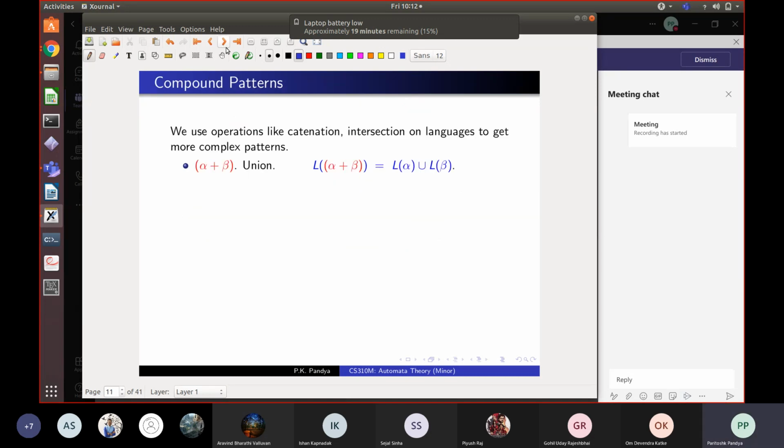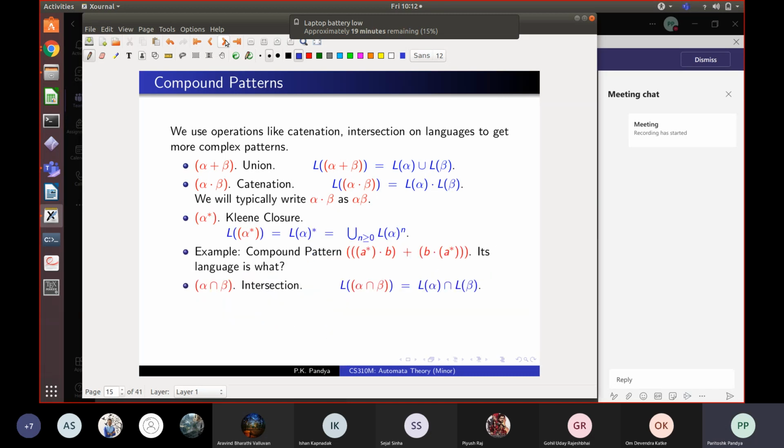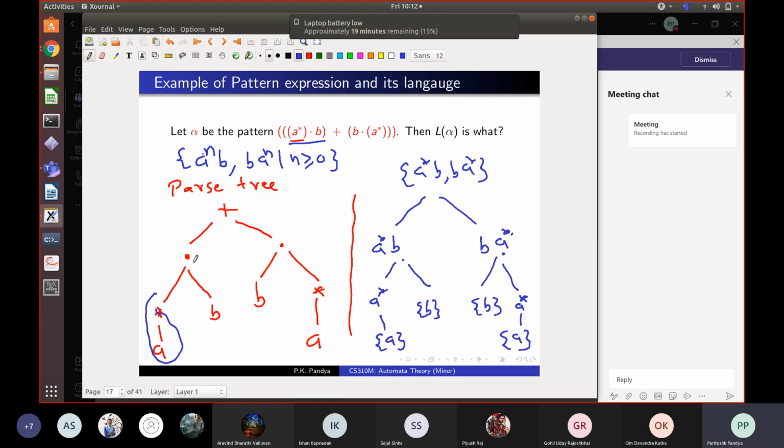Now, at each level, two patterns are combined using one of the operators like plus or dot, or star. So what we can do is, we can take the language corresponding to the left subtree, and the language corresponding to the right subtree, which we know how to calculate. And then this dot denotes catenation.